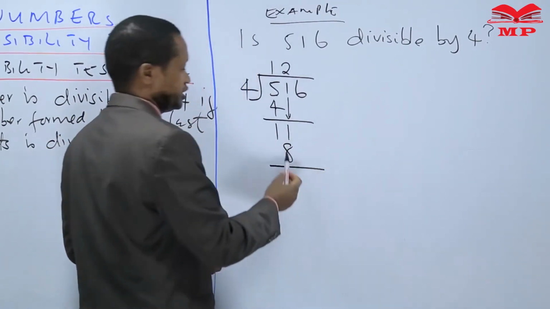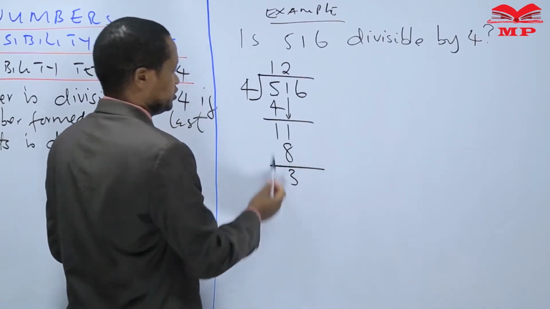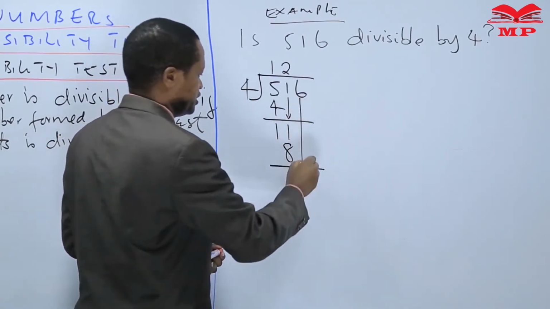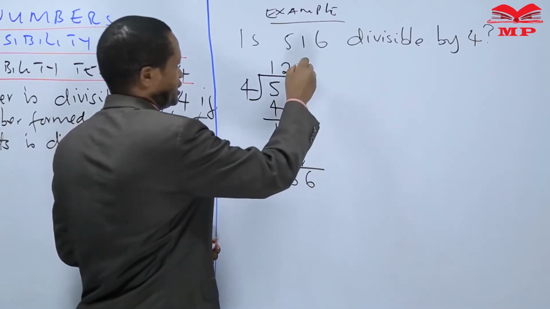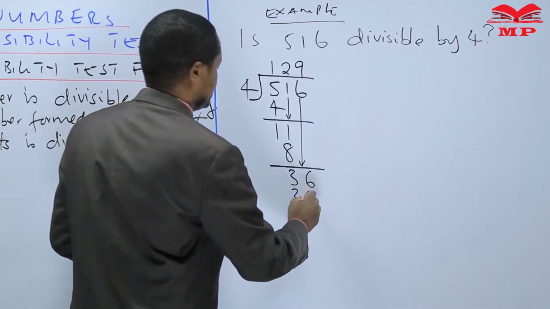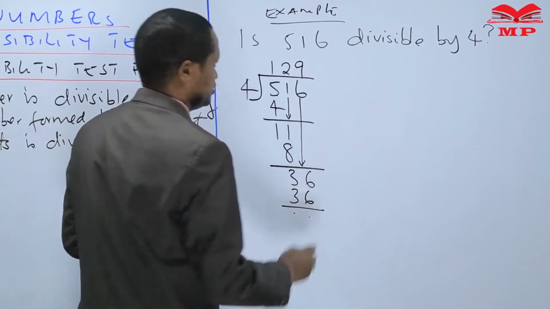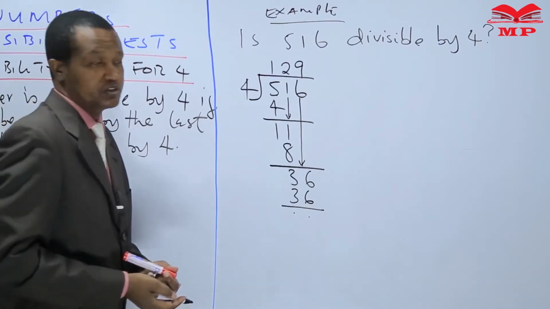Then we subtract, 11 minus 8 is equal to 3. 4 cannot go into 3, so we bring down this 6 here. 4 goes into 36 9 times, giving us here 36, and there is no remainder there. So we have answered the question.